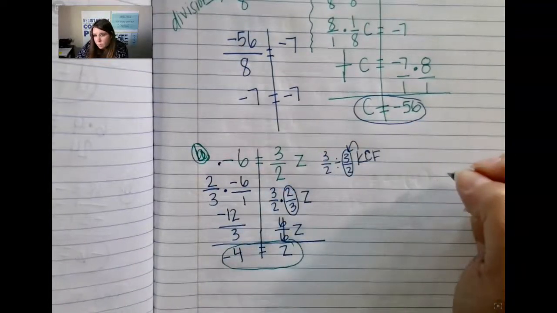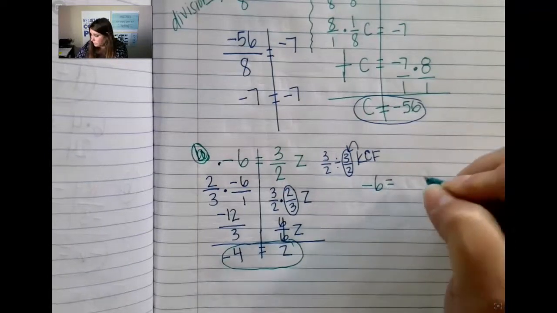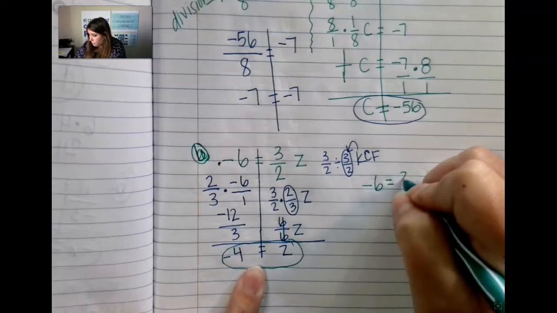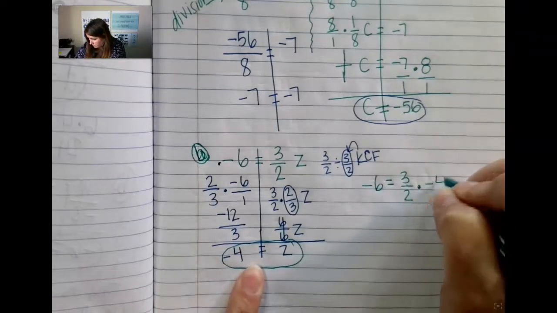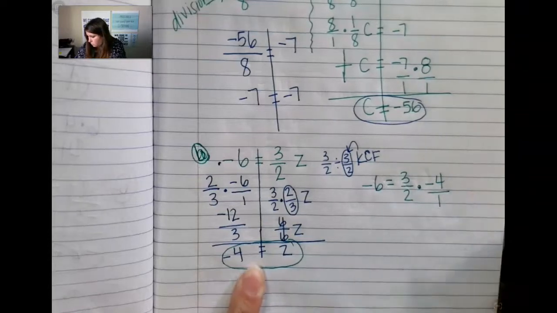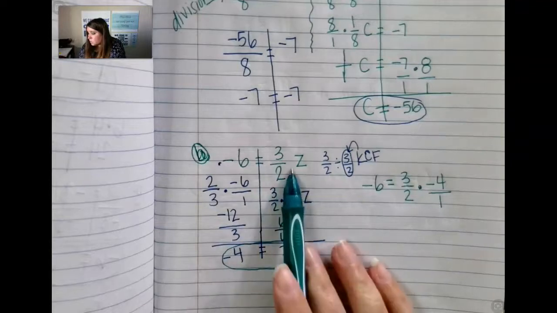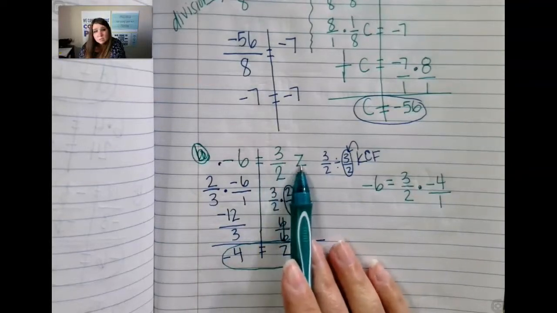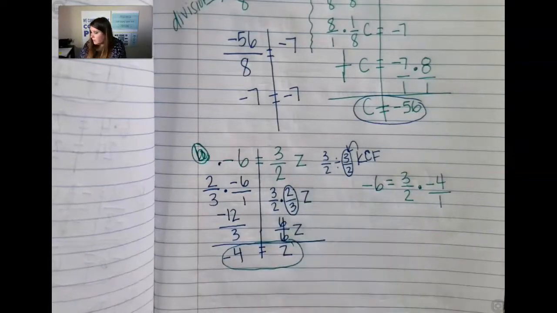So we're going to come over here and check it. Negative 6 equals 3 over 2 times negative 4 over 1. I used multiplication because originally this was a multiplication problem. The reason why we had to divide was to undo multiplication.